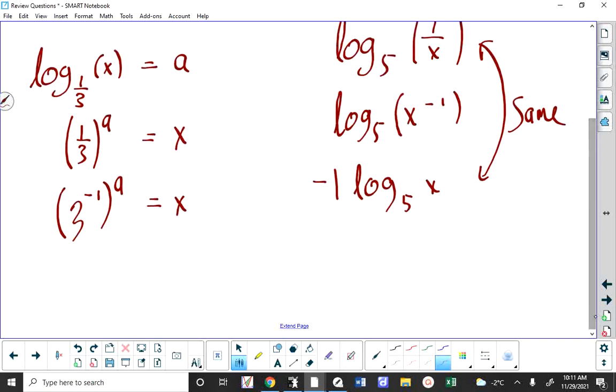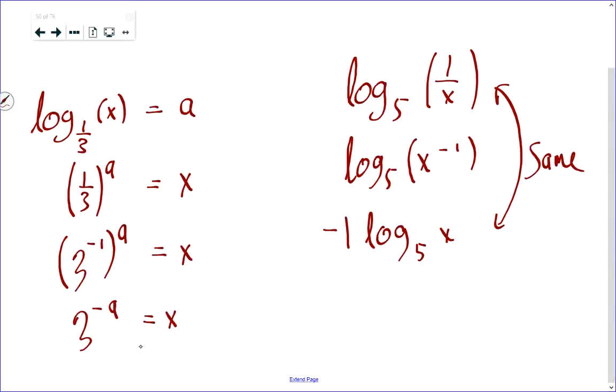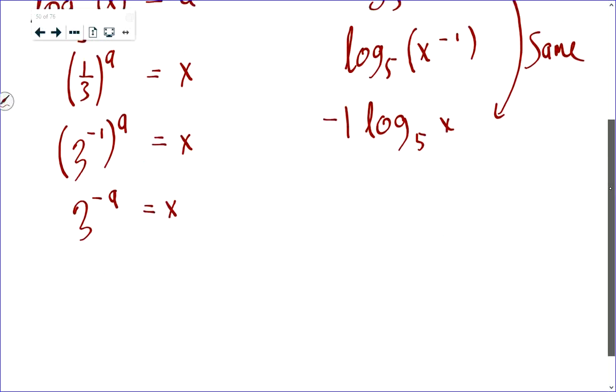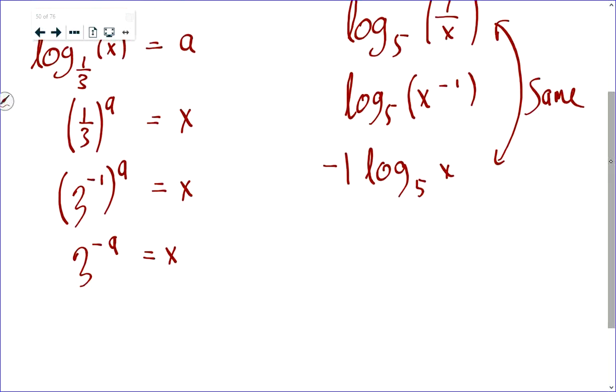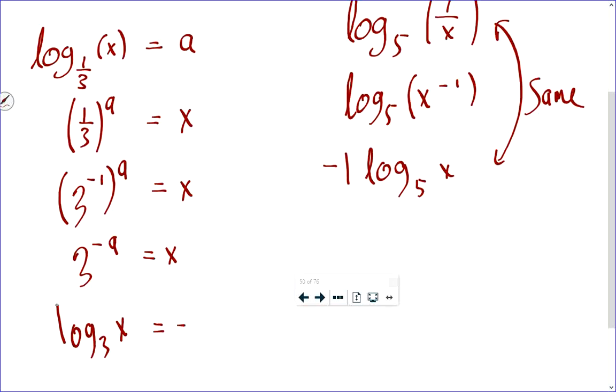And that means I could write this as 3 to the negative a equals x. And now I'm going to go back into logarithmic form, and when I do, I end up with log base 3 of x equals negative a.